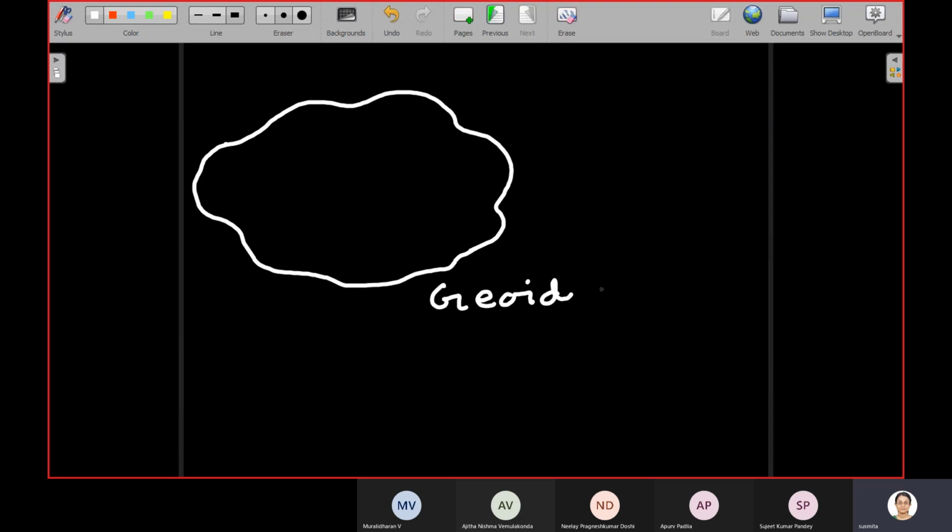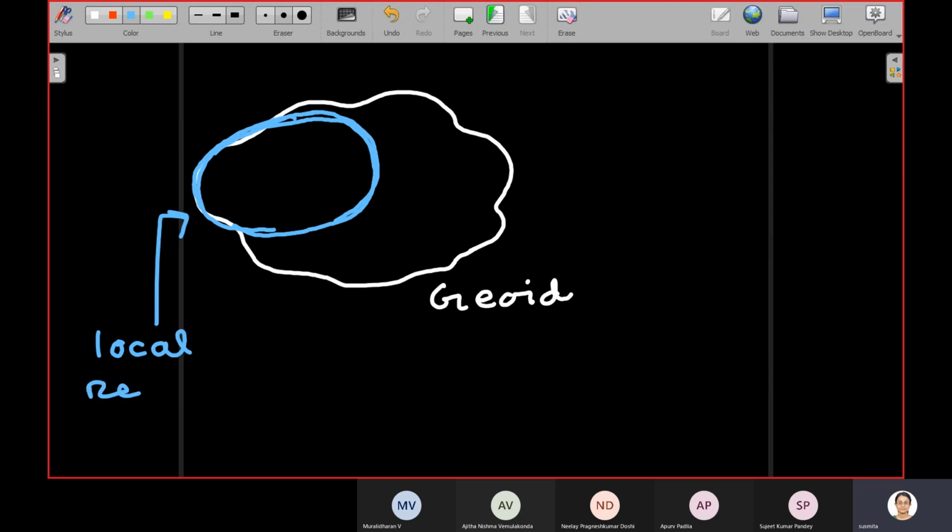Now if we find the reference ellipsoid by fitting it locally over some region of interest, we get a local reference ellipsoid.